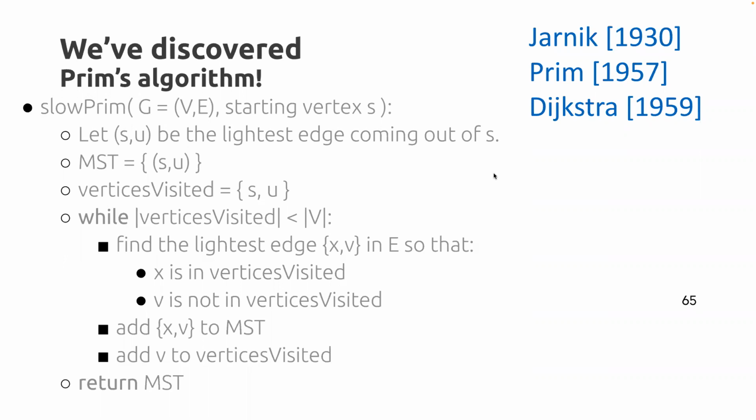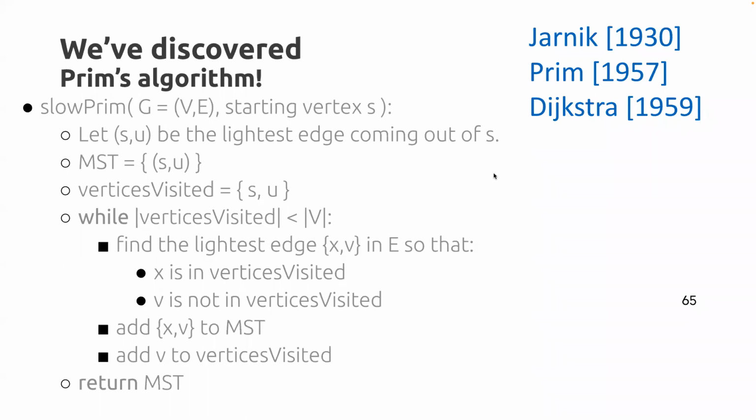Now, these two are constant, obviously. Let SU be the lightest edge coming out of S. That could be O of m, because it depends on how many edges are coming out of S, right? So at least you've got O of m here, O of 1 here, O of 1 here.